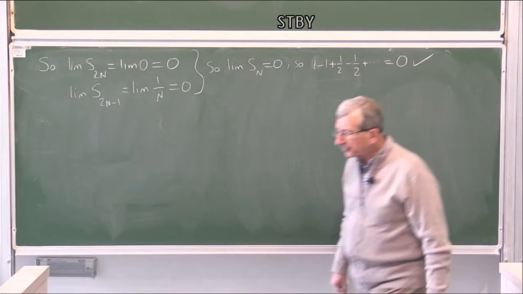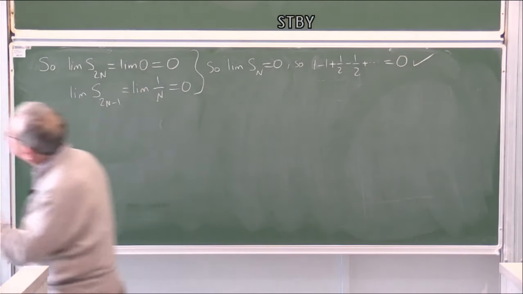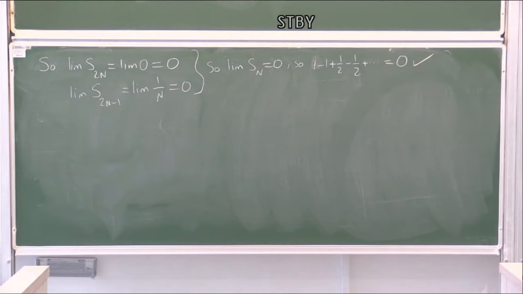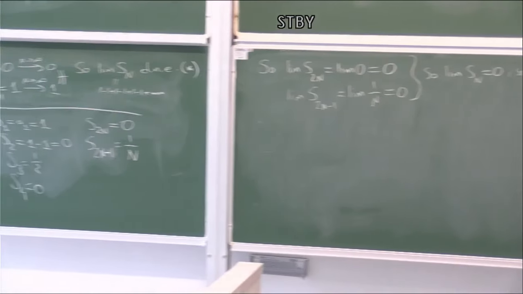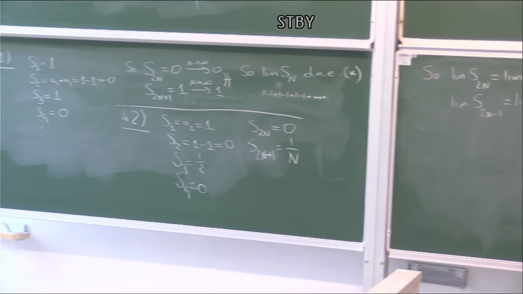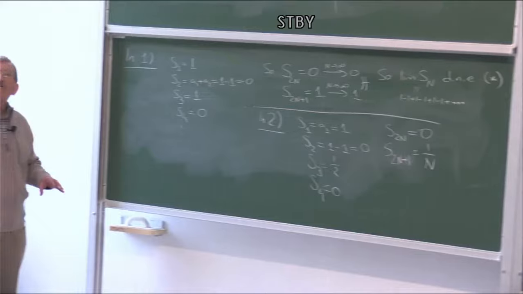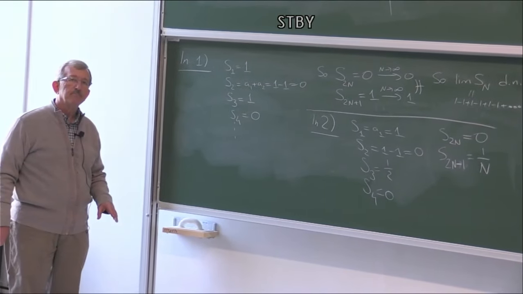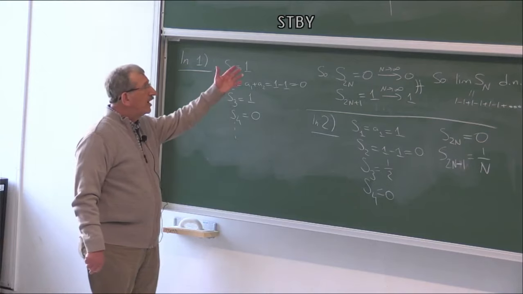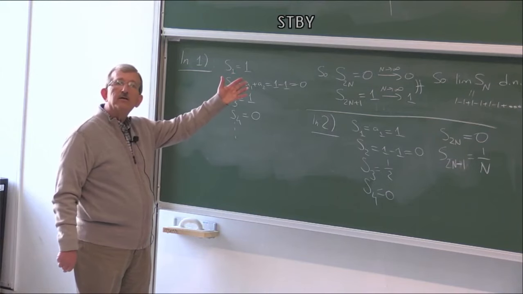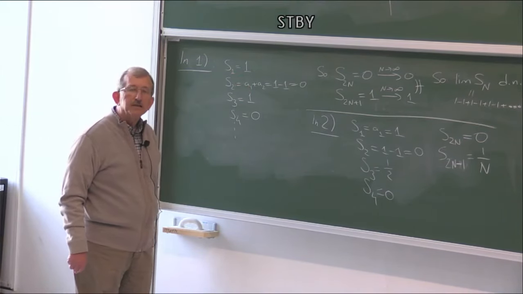So these two examples serve two purposes. Firstly, they tell us that we cannot regard an infinite sum as if it were a finite sum. Secondly, we try to understand what an infinite sum means.